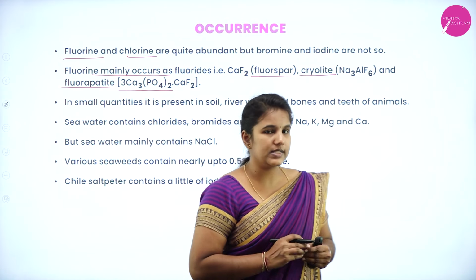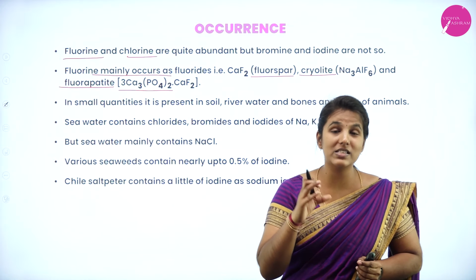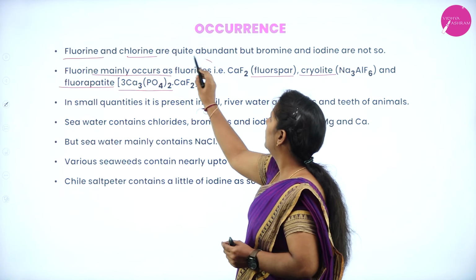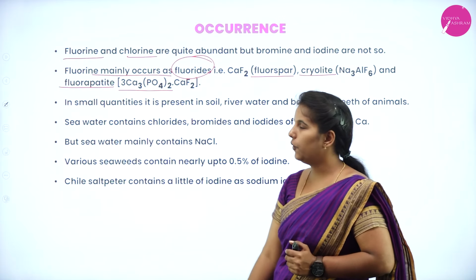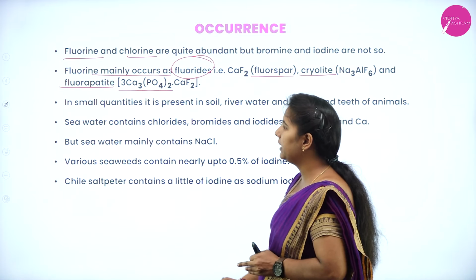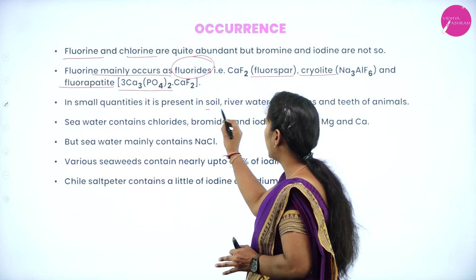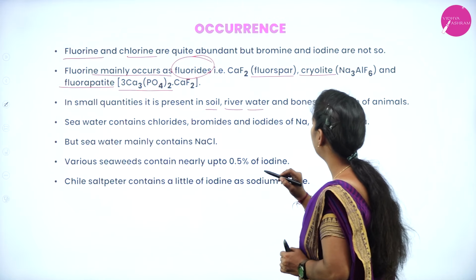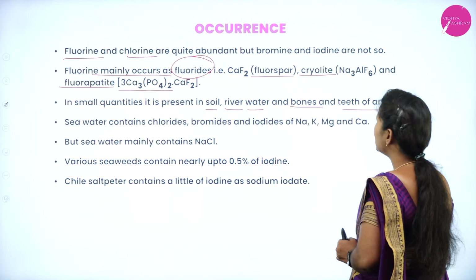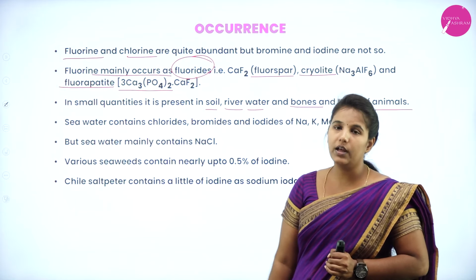So this indicates that fluorine will always exist in the form of fluorides. In small quantity it is present in soil, rivers, and water, and in the bones as well as the teeth of animals.